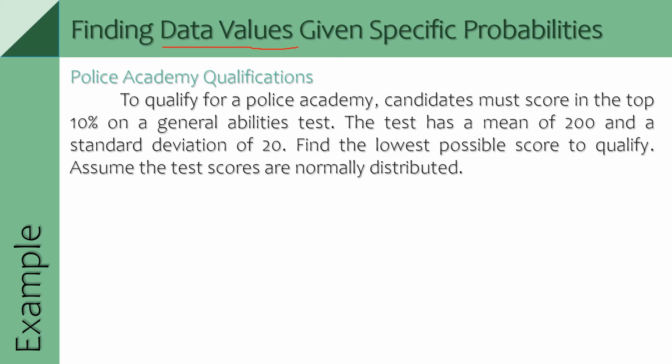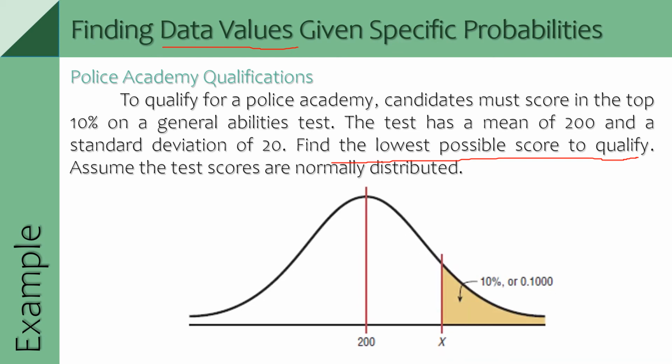Okay, so here we are asked to find the lowest possible value of score to qualify. So therefore, the lowest possible score is our x. Okay, so what is 10%? The 10% here is the area greater than the x, or greater than the lowest possible score.